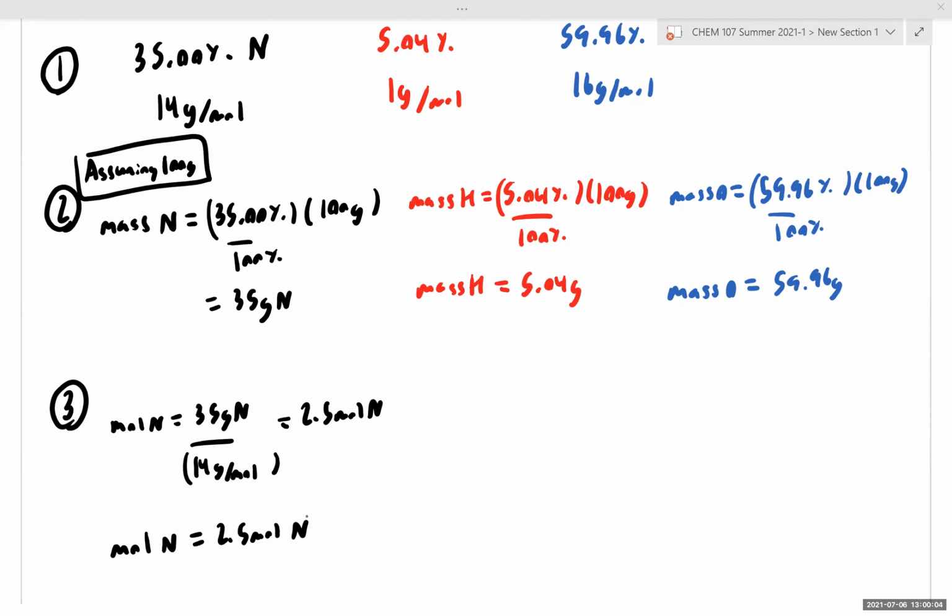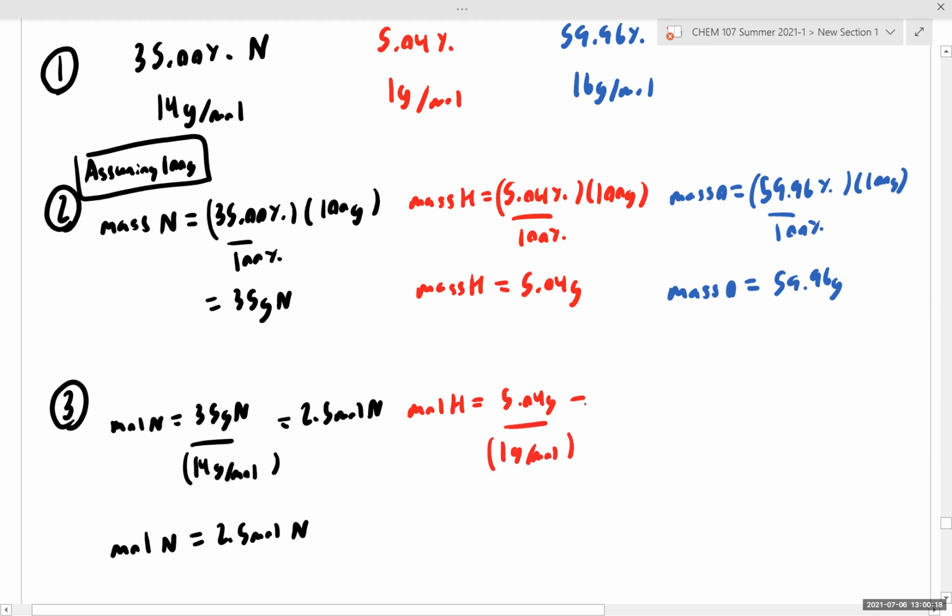We have a calculated moles of hydrogen of 5.04 moles of hydrogen. That's obtained by taking the mass of hydrogen, which is 5.04 grams, over the molar mass, which is 1 gram per mole. That gives us 5.04 moles of hydrogen.